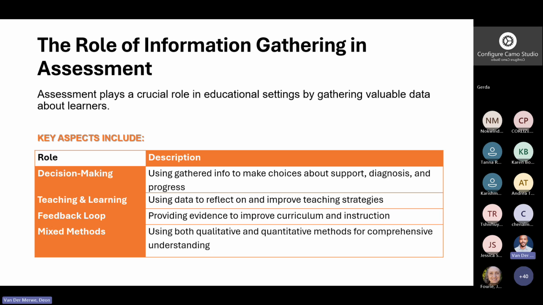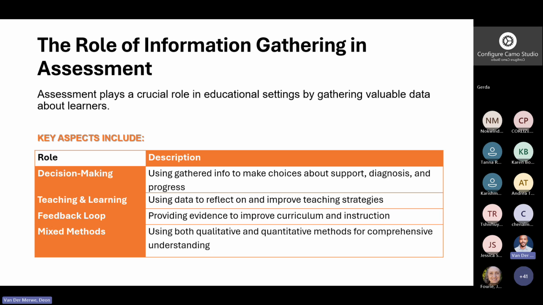For that to happen, we need both qualitative as well as quantitative data. This is known as mixed methods, which includes your interviews, learners' curriculum-based assessment, also known as their portfolios, or just direct observation.